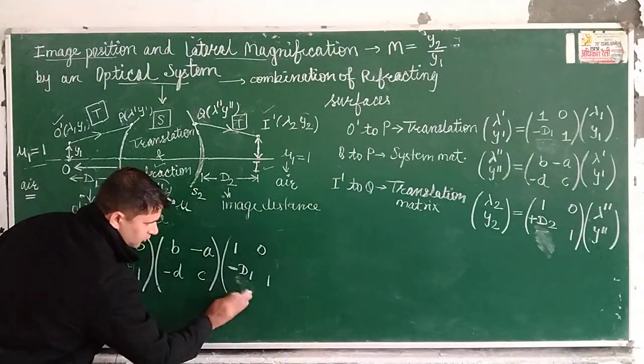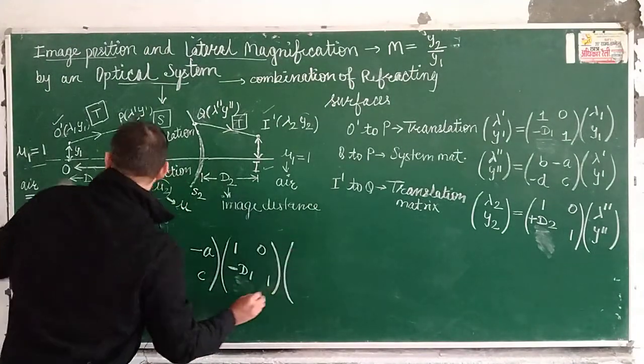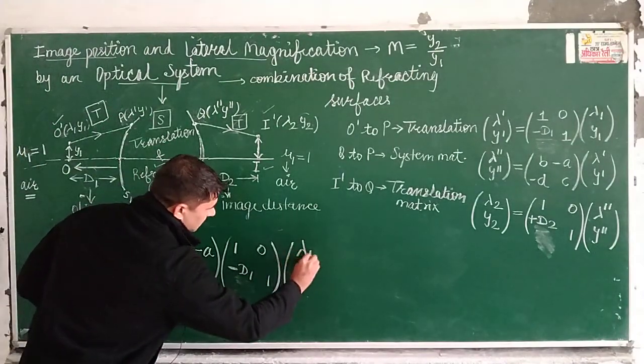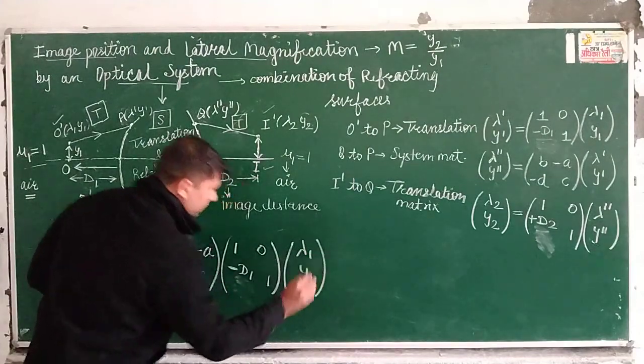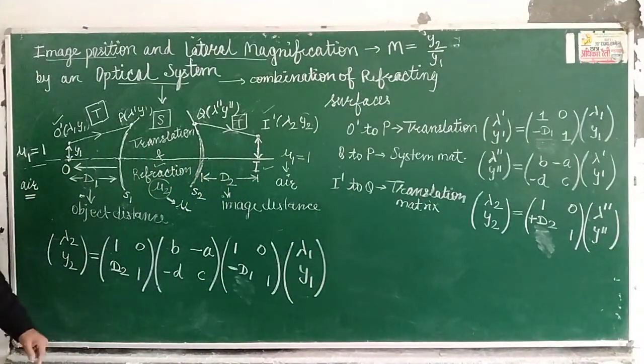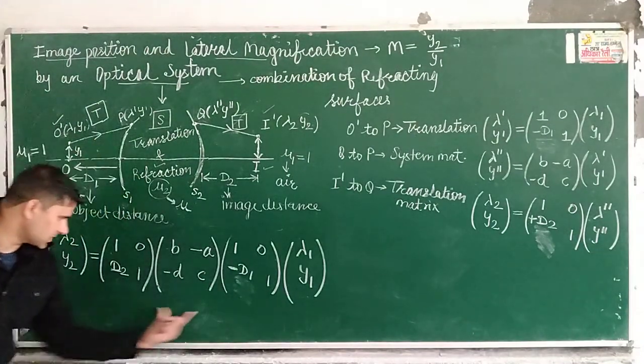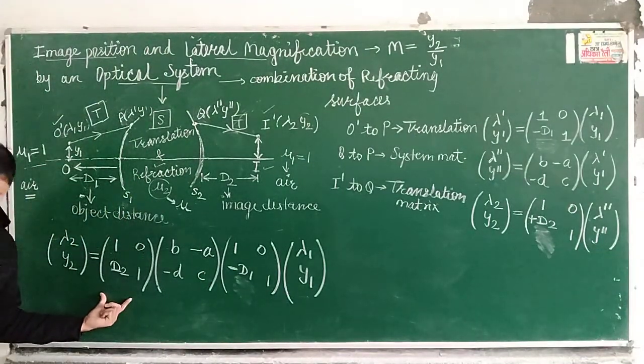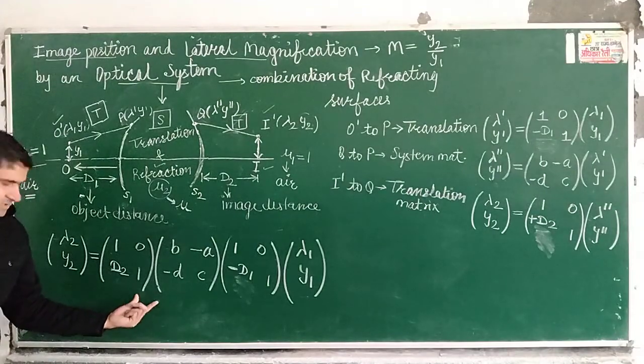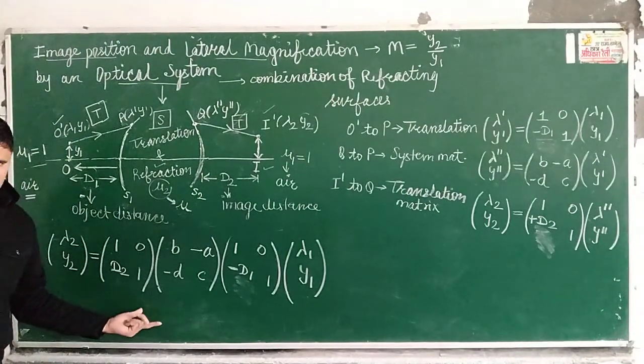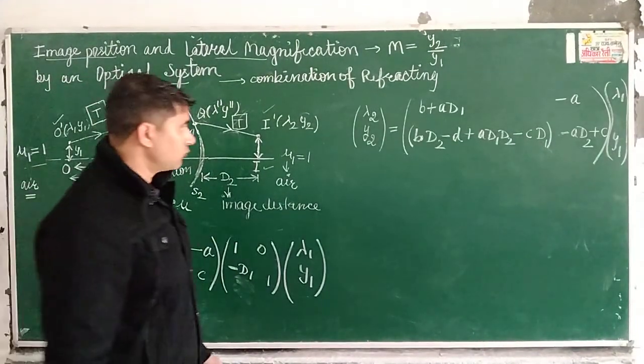Okay, and then you have 1, and then the coordinates of the object point, that is lambda 1 and y1. So basically, to connect the optical coordinates of image and object, you are to multiply these three matrices. I am writing the result directly. You can do it yourself. Okay class.